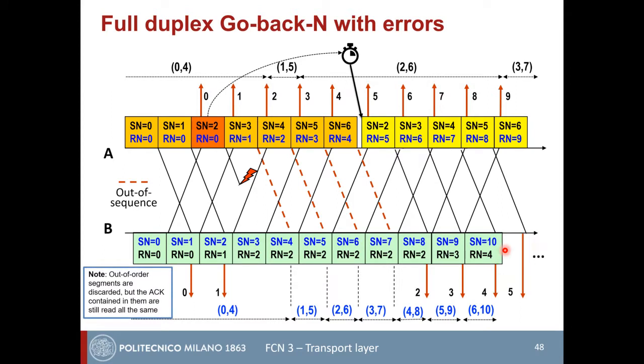This is the case instead when there is an error, and specifically the error is on the frames that are sent from A to B. So now the windows are initialized from 0 to 4 in both A and B. Here we have the flow from A to B identified by the black color, the flow from B to A identified by the blue color.